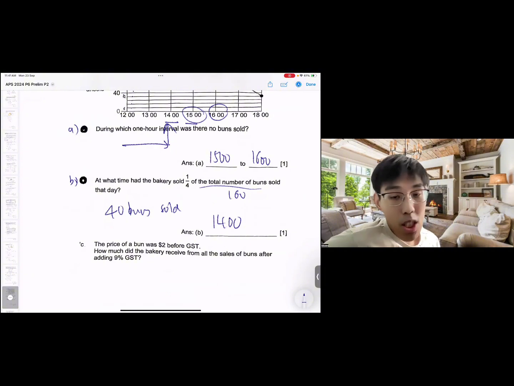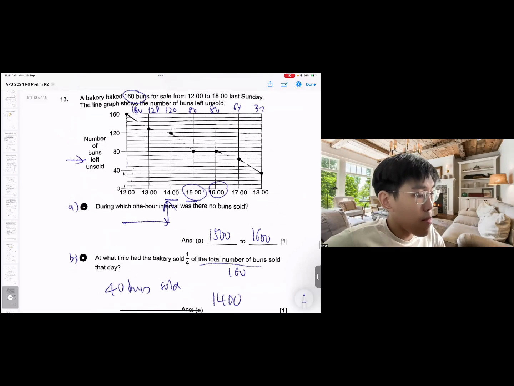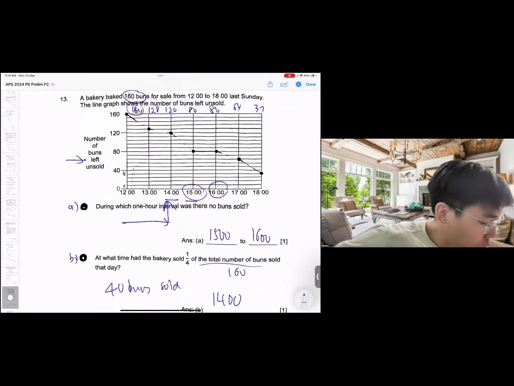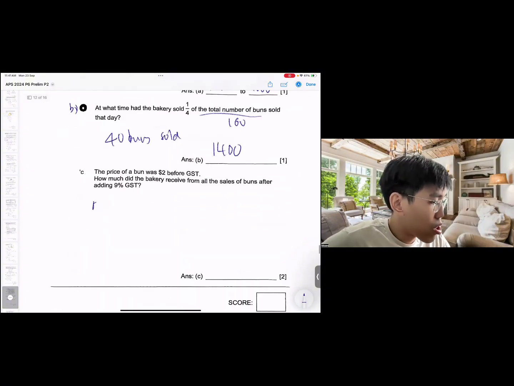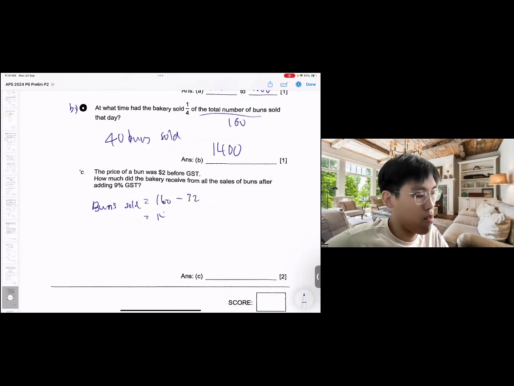Okay, the price of a bun is $2 before GST. How much did the bakery receive from all the sales of buns after 9% GST? Quite straightforward. It started out with 160 buns, left with, let's check again, 32 buns. So we need to find the number of buns sold first. 160 minus 32 is 128. And for each bun, the total money will be 128 times 109% of $2.